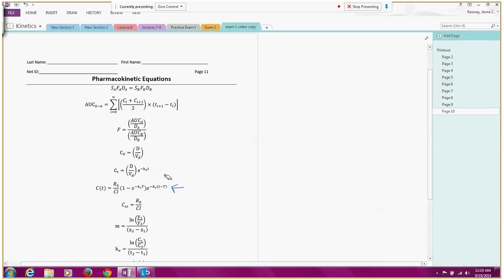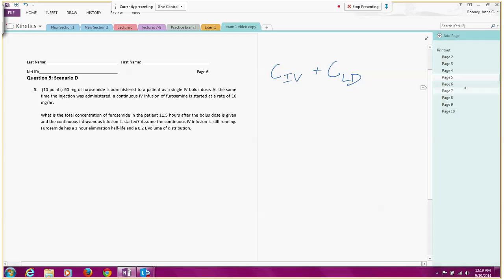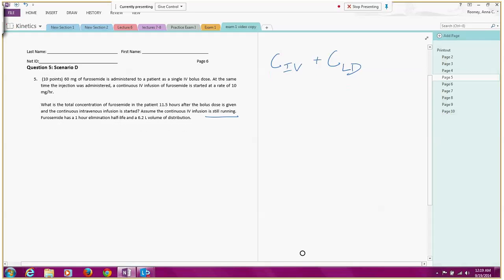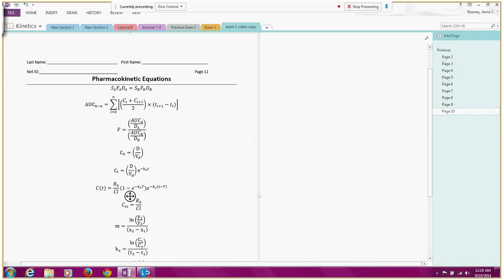Well, let me erase all this so that when I come back to it later, it's nice and clean. Well, we are not stopping the infusion. The infusion is still running. So when you put, when T is equal to T in this particular equation here, it equals 0. So this whole entire section becomes 1.